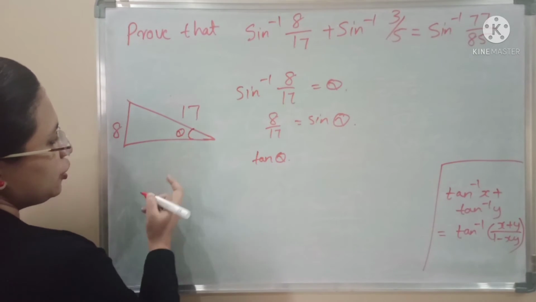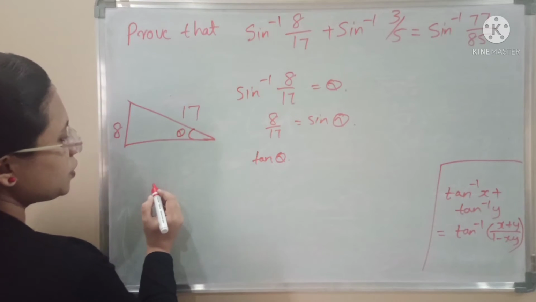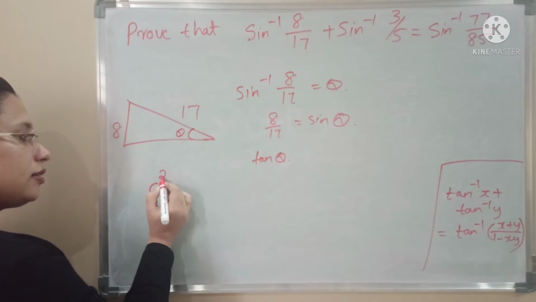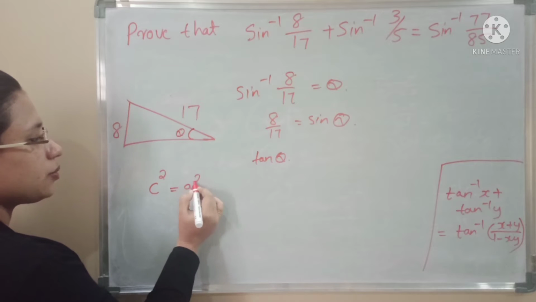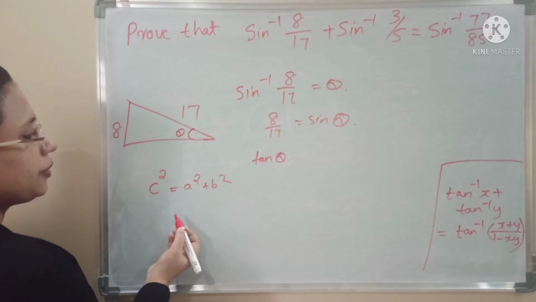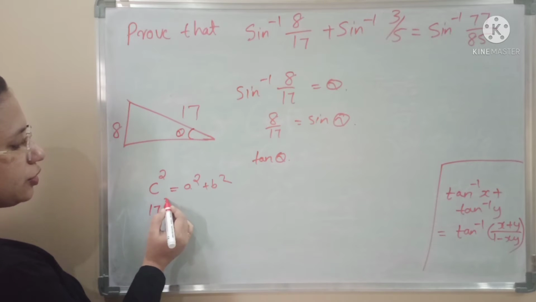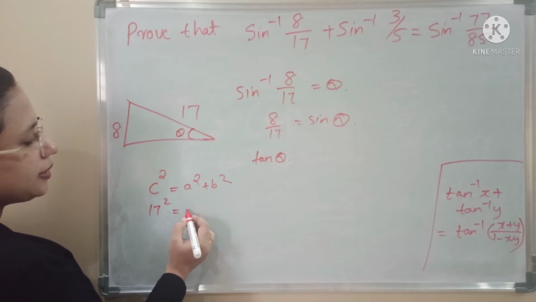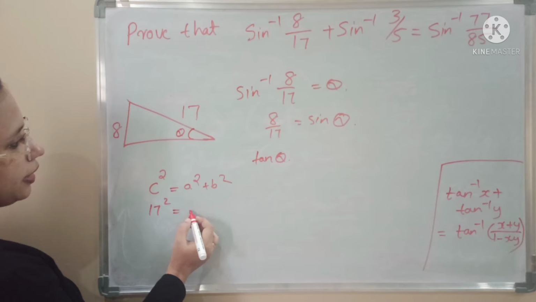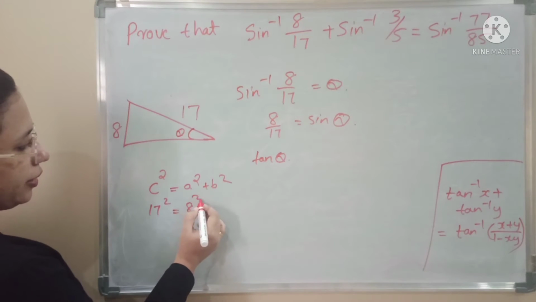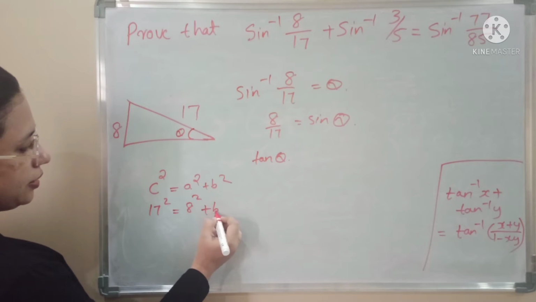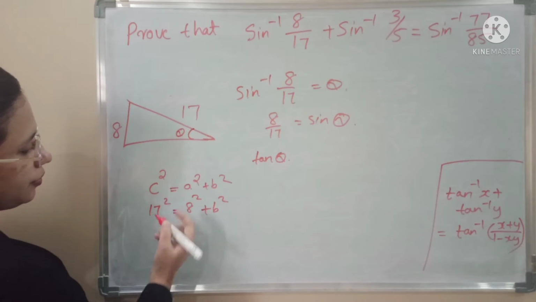For finding the adjacent side, we have the formula c square equals a square plus b square. Here this is the hypotenuse, so 17 square equals a square, where a is the opposite side, that is 8 square, plus b square, the adjacent side.